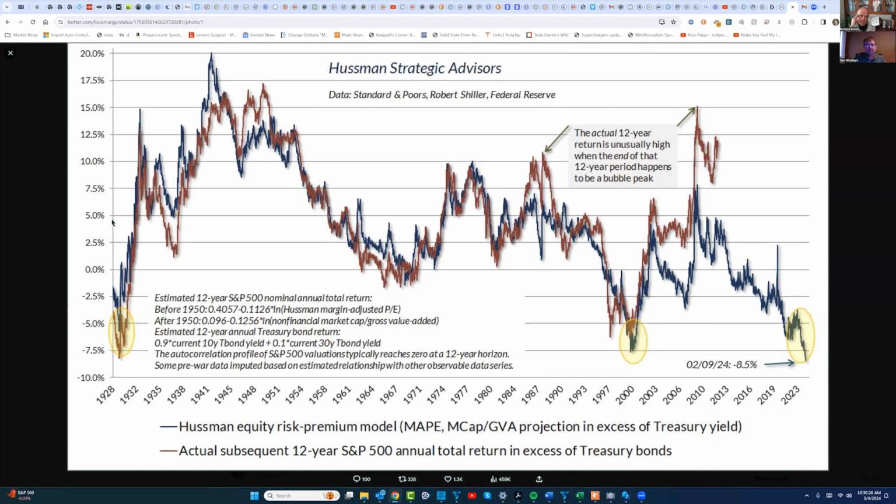All this information is given freely on his website. I think it's Hussman Econometrics, or just Google Hussman and his web page will come up. But this is the expected current return on February 9th of 2024, okay?